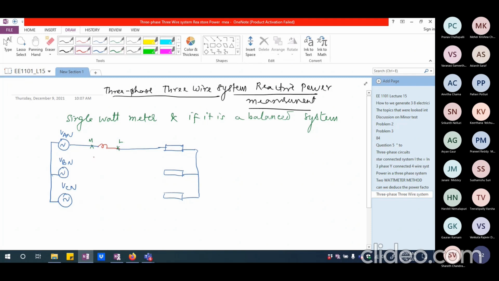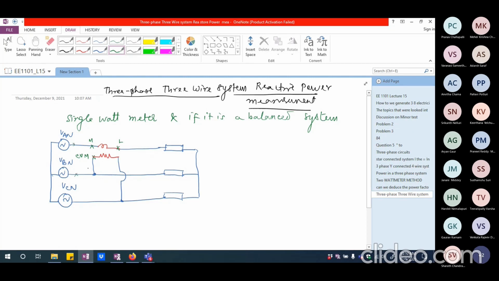Now there is the pressure coil which is sitting here. I'm going to connect the pressure coil between the other two phases. So I'm going to connect this here and this here. I'm connecting it as VBC. This is the common point. Right now, this is not common. Please note, I have disconnected M from common. I cannot connect it like that, otherwise I'll be short circuiting the A phase voltage with that of the B phase voltage.